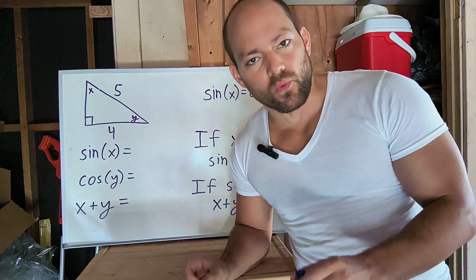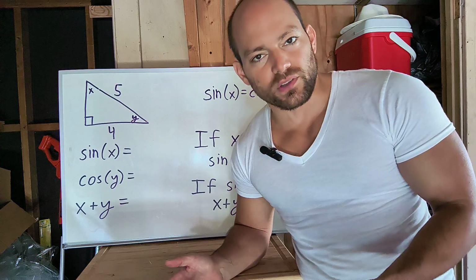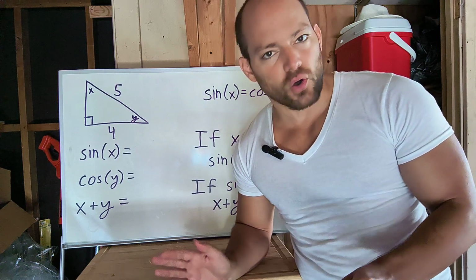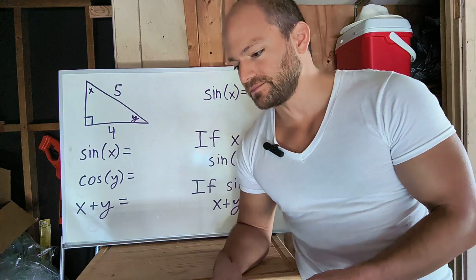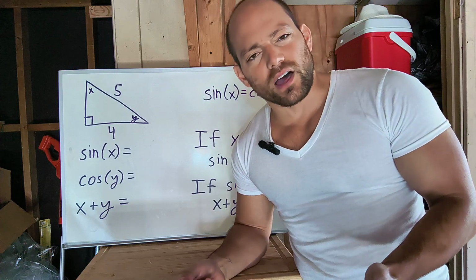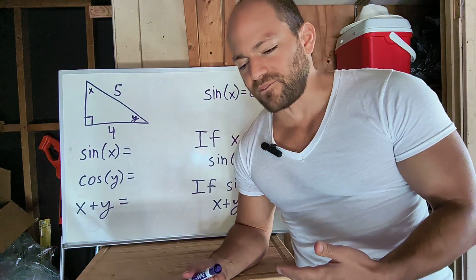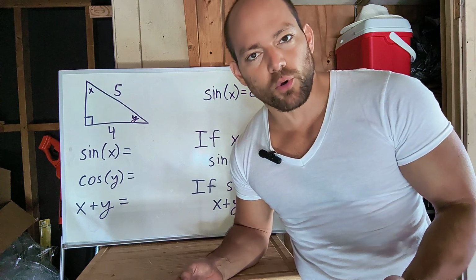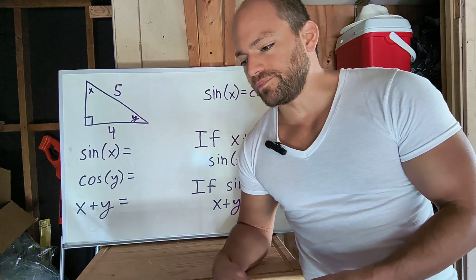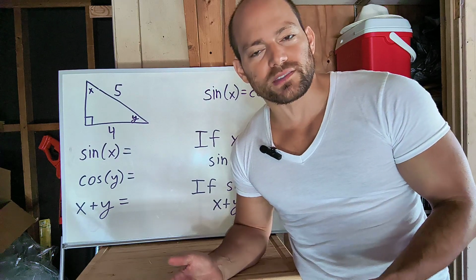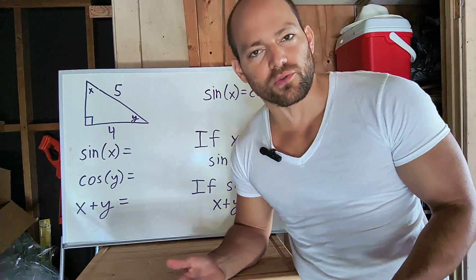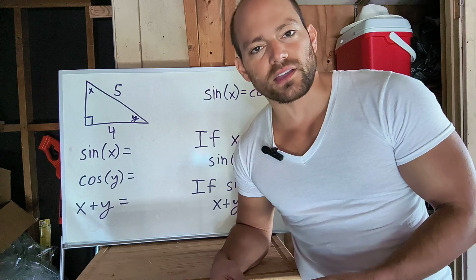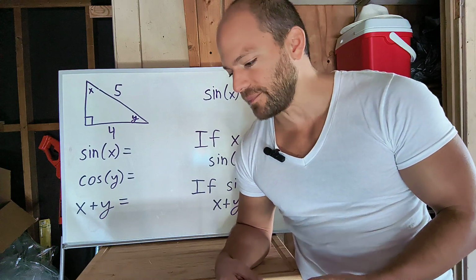Knowledge of SOHCAHTOA will get you through most of the trig sine cosine questions you see on the SAT. Once in a while, I see a question where some familiarity with the unit circle is pretty important, but that's still pretty basic stuff. SOHCAHTOA and the unit circle will get you through basically all the sine cosine trig questions on the SAT.